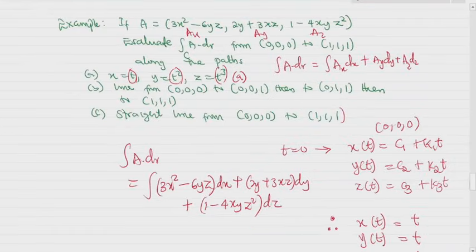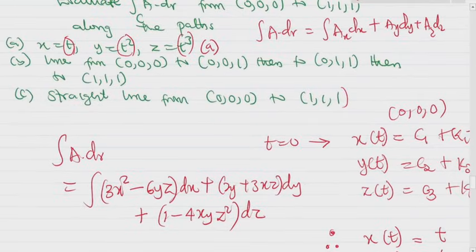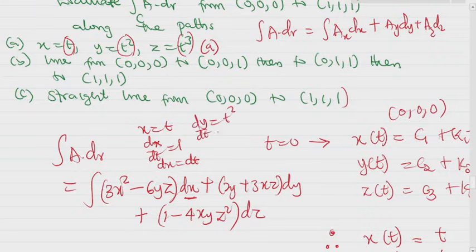Since it has been parameterized, just change all your x to t, all your y to t squared, and your z to t cubed. Then all your dx you have to change, because from here you know x is t, so dx/dt equals 1, which means dx equals dt. Now y equals t squared, so dy/dt will be 2t, and dy equals 2t dt.